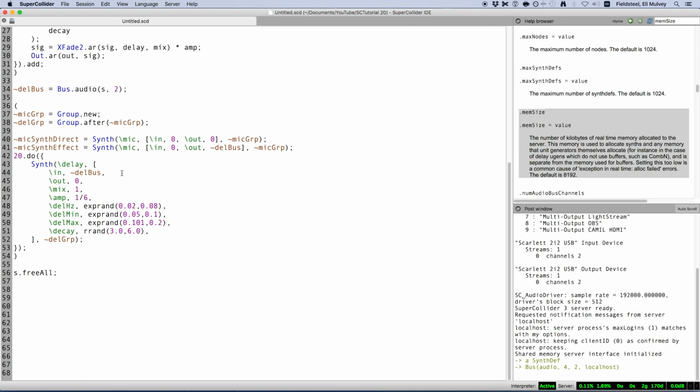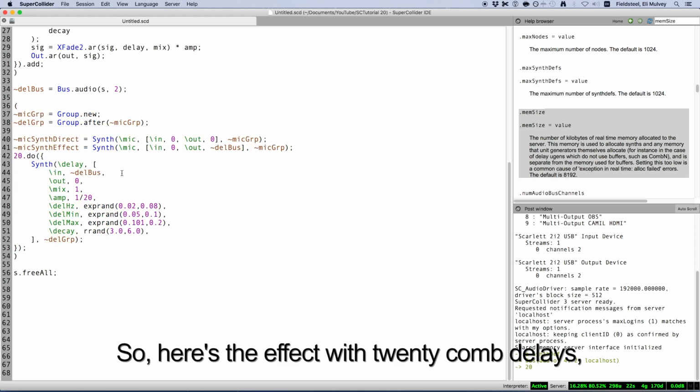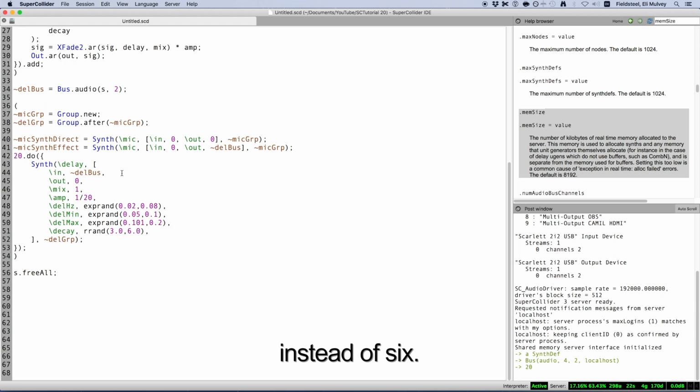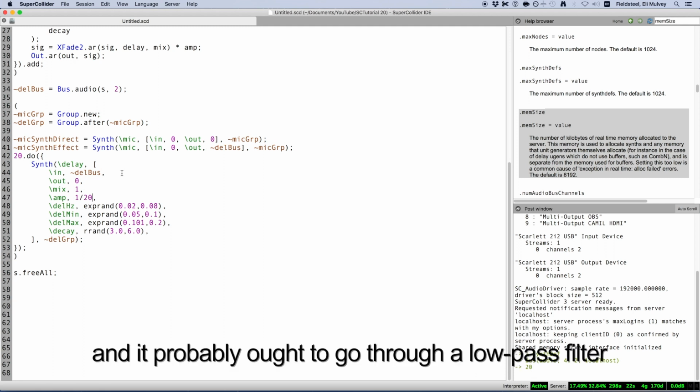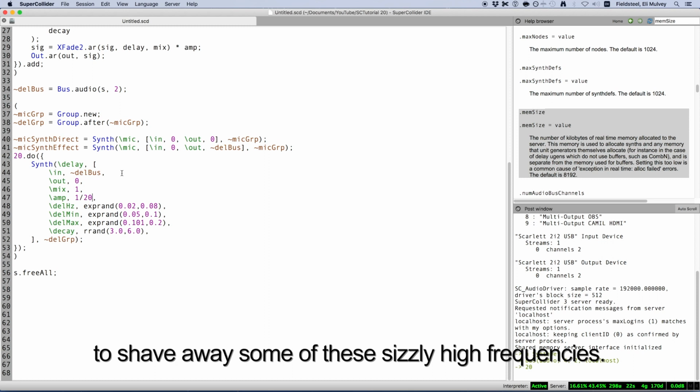Although I am going to scale the amplitude down even further. 1/20 is probably overcompensating, but I'm just being safe. So here's the effect with 20 comb delays instead of 6. I'm not sure it actually sounds that much more interesting, actually. And it probably ought to go through a low-pass filter to shave away some of these sizzly high frequencies.